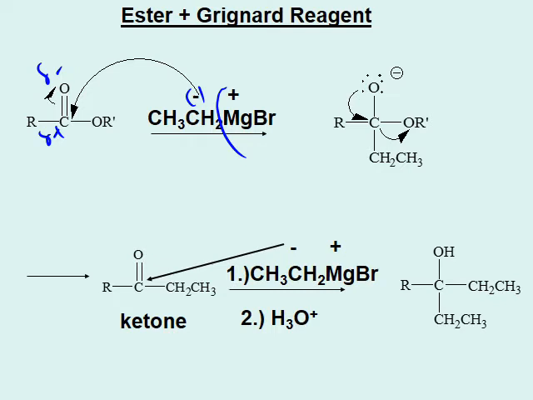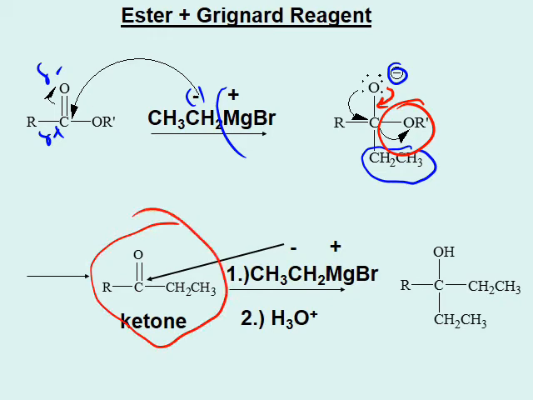So this is how this ethyl group gets bonded, and then initially the double bond of carbonyl carbon oxygen bond would break down, and that's why oxygen gets negative charge, because oxygen gets that extra electron, and then it forms back the double bond. When it forms back the double bond, it releases OR prime that goes back to the solution, and you end up with this compound, which is ketone.